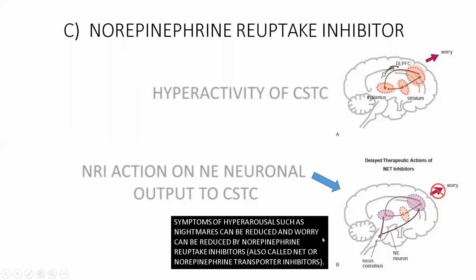But another thing you can see, compared to the other two classes, benzodiazepines and SSRIs, which were able to treat both fear and worry, is that the norepinephrine reuptake inhibitors can only block the symptom of worry. This is because the neurotransmitter is responsible only for the formation of worry, not fear.